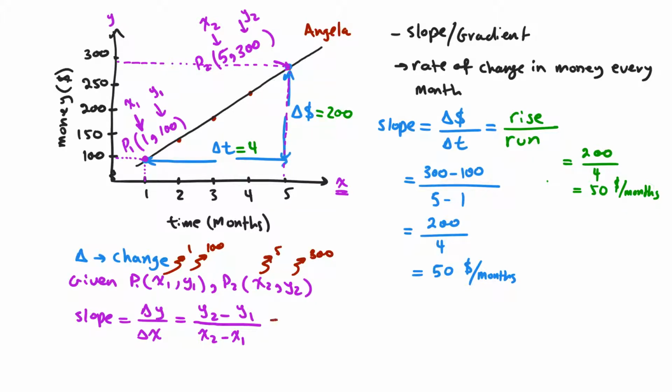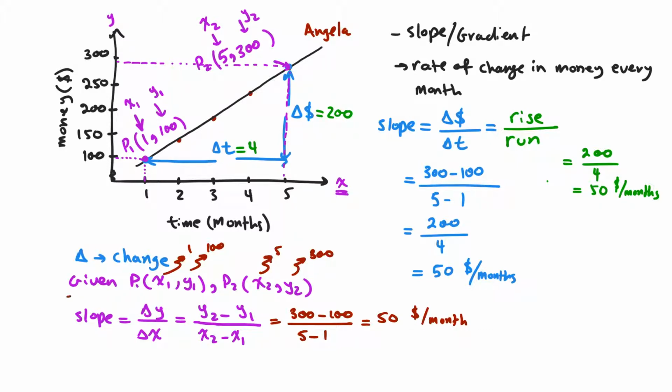Using our equation, y2 is 300 minus y1, which is 100, divided by x2, which is 5, minus x1, which is 1. And solving for this will end up giving us 200 over 4, or just $50 per month.